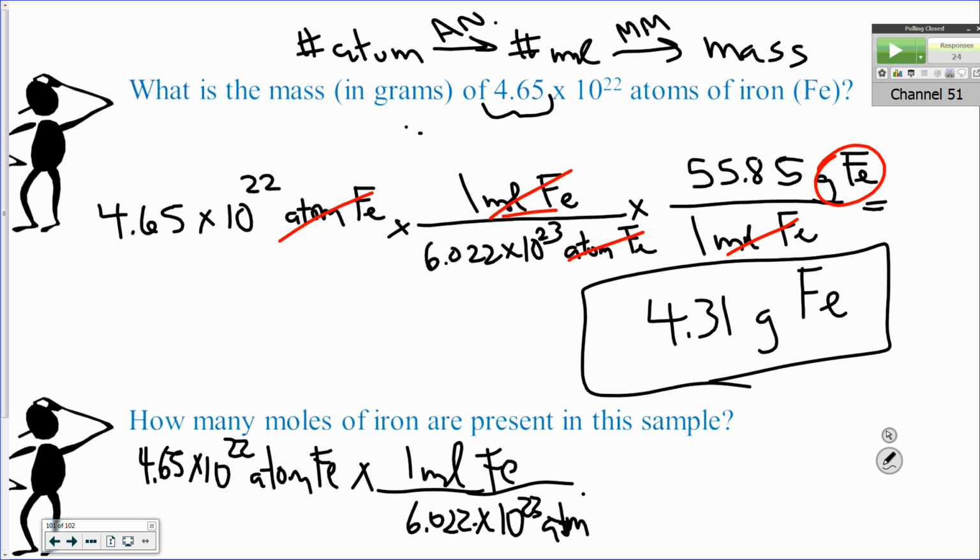You can easily find that out. So take the number of atoms. Is it going to be more than a mole or less than a mole? Just a second, let me come up with my answer and I'll tell you or find out what you're talking about.